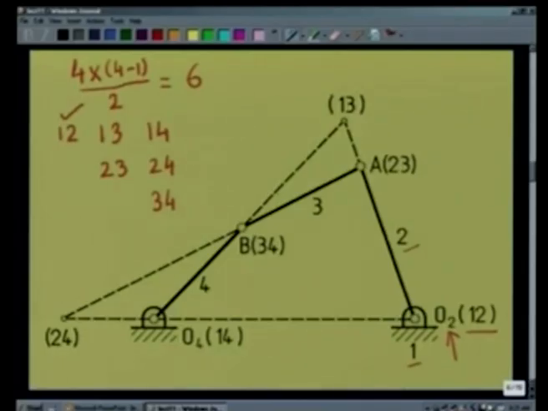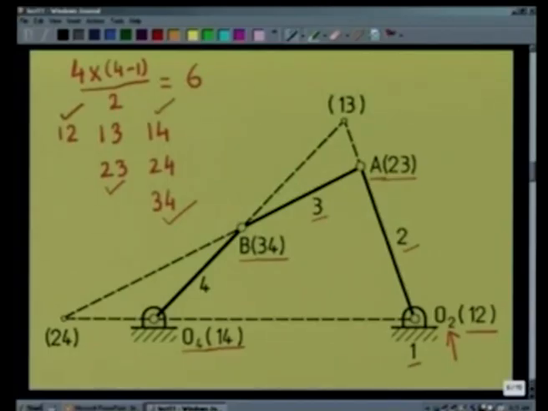Similarly, 2, 3 is at A, because for the same reason that links 2 and 3 are connected by a revolute pair at A. So A gives us the location of 2, 3. Following the same argument, we get 3, 4 at B, and 1, 4 at O4.